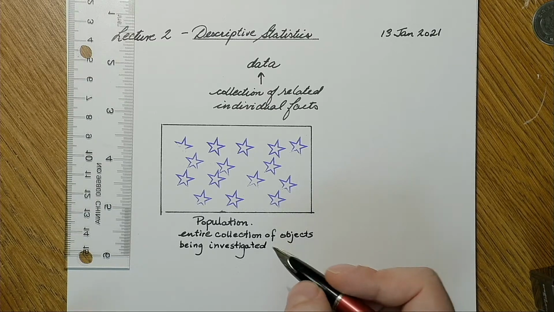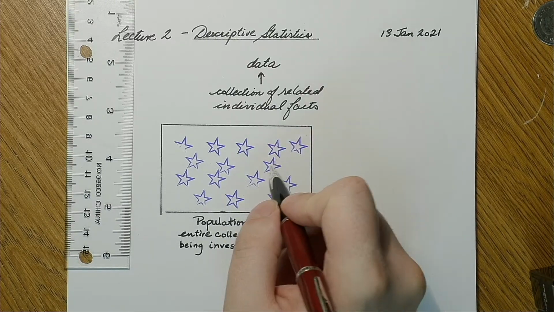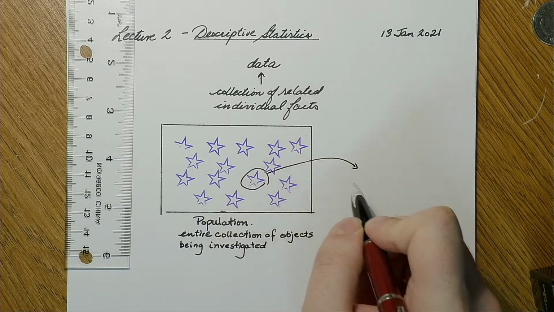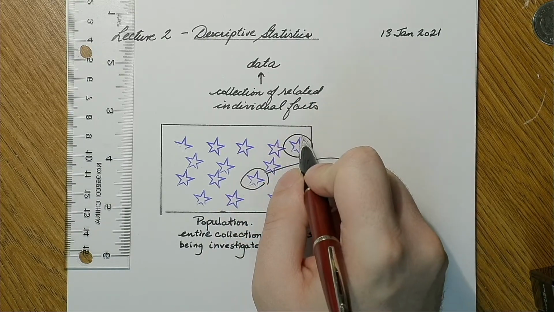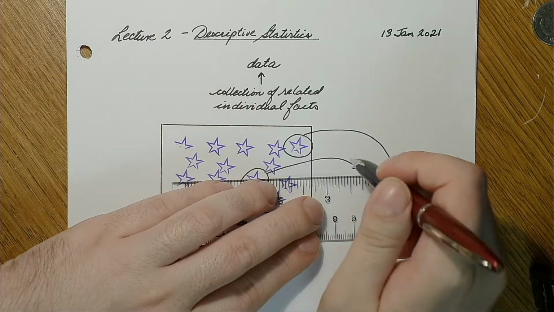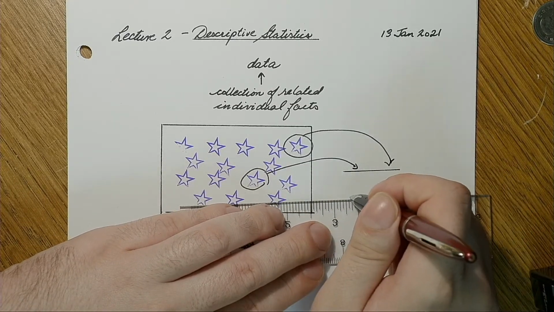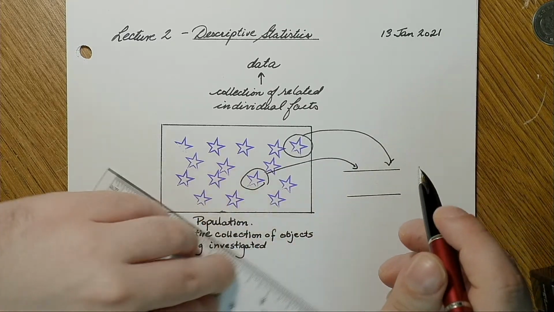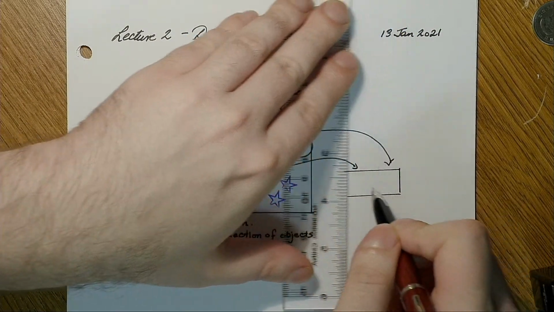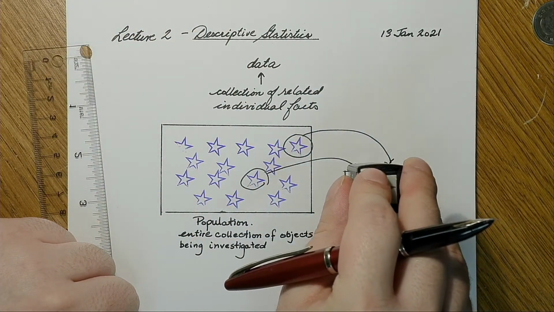And the other thing that we have is something called a sample. And that's where we could pick something like this. Here's a little box. So I have 2 stars.